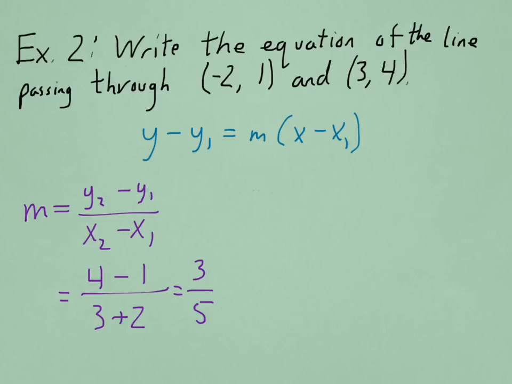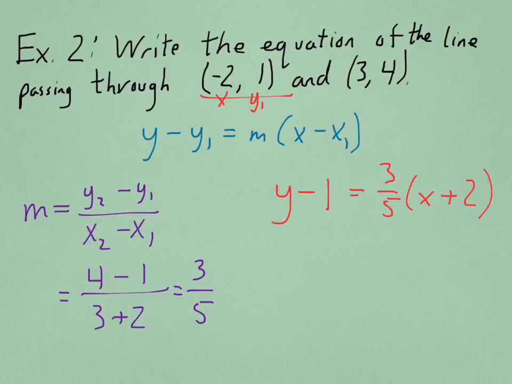Since I have a point and a slope now, I can just plug in what I have. So this would give me y minus, which point should I use? Well, it doesn't matter, so I'll use this one. y minus 1, this being my y1, equals 3/5 times quantity x plus 2.